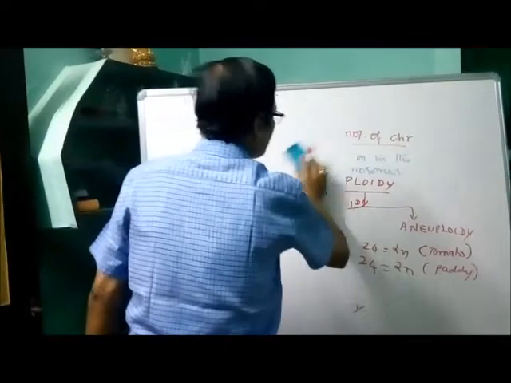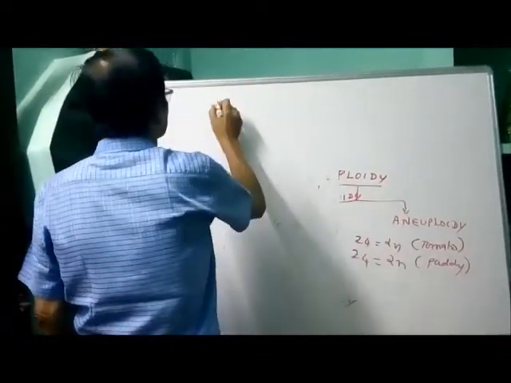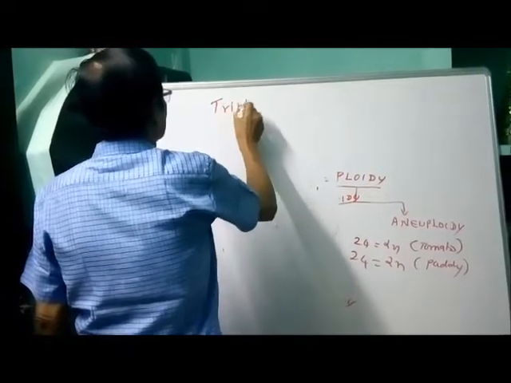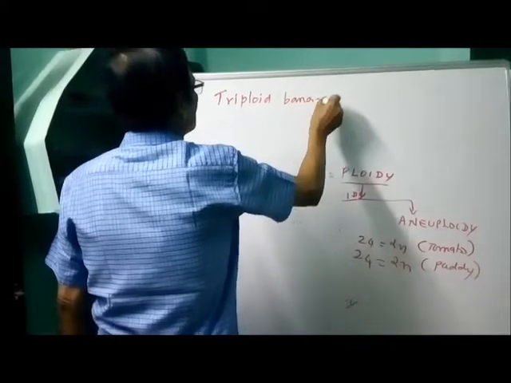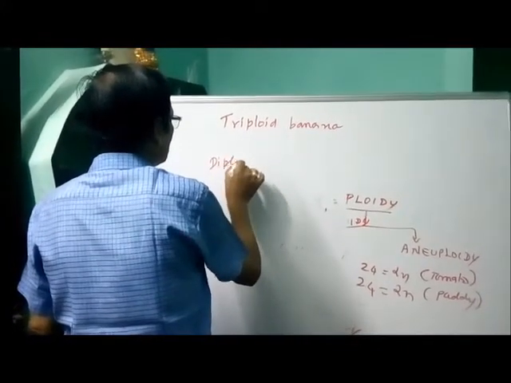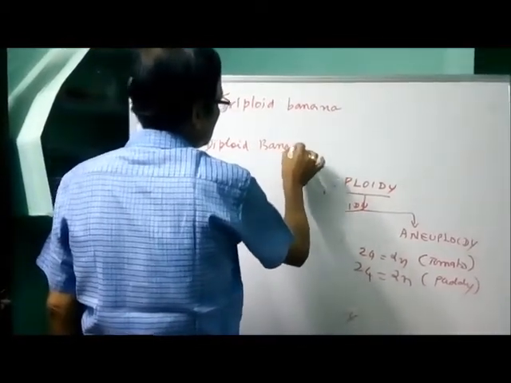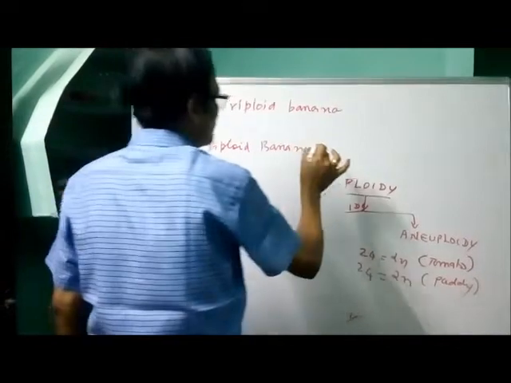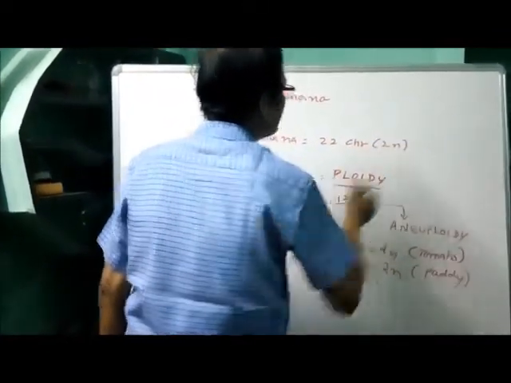Triploid banana. Now in the case of diploid banana, it has normally 22 chromosomes, that is 2n.